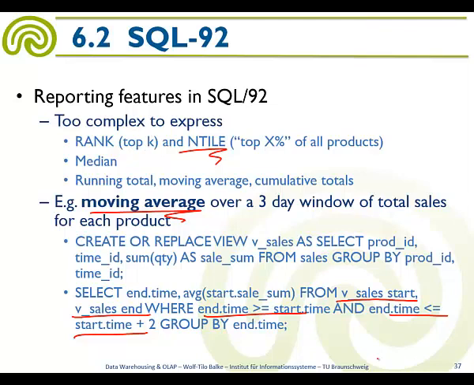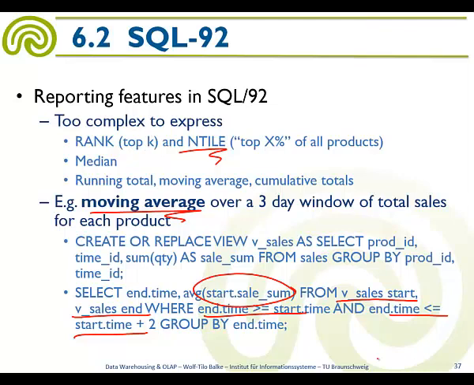Make sure that they are 3 days apart, right, grouped by the end time. And then you can average up the sums. So this is how you build three-day moving averages, right?